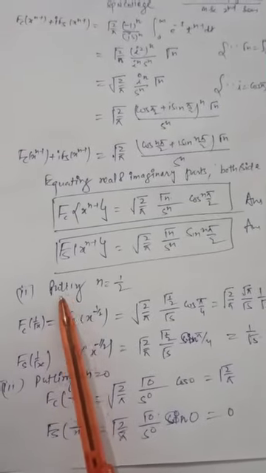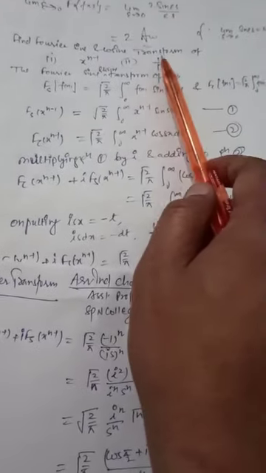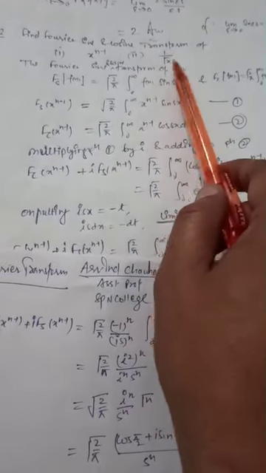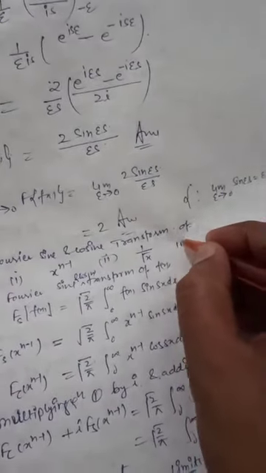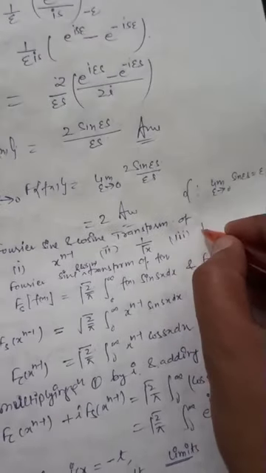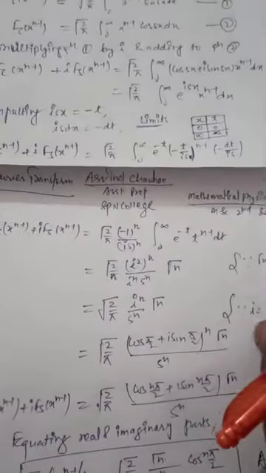For the second situation, this problem of finding 1 upon under root x, and here we can take one more, that is the third, 1 by x suppose.